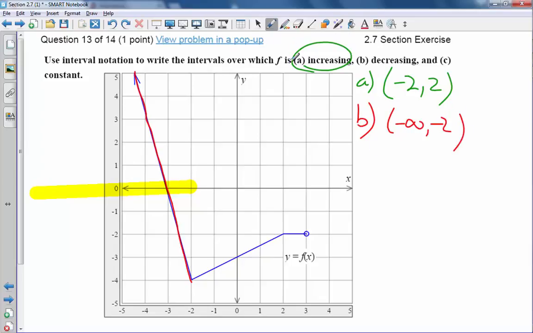Where is it constant? This is a no-brainer. The constant part is this. So its shade is this, which is 2 to 3. Correct? Okay? Any questions?